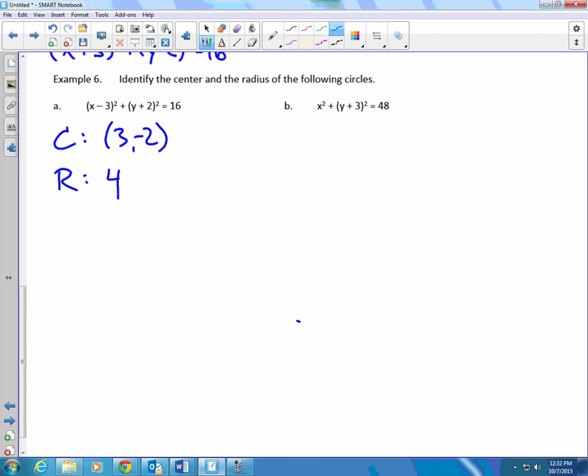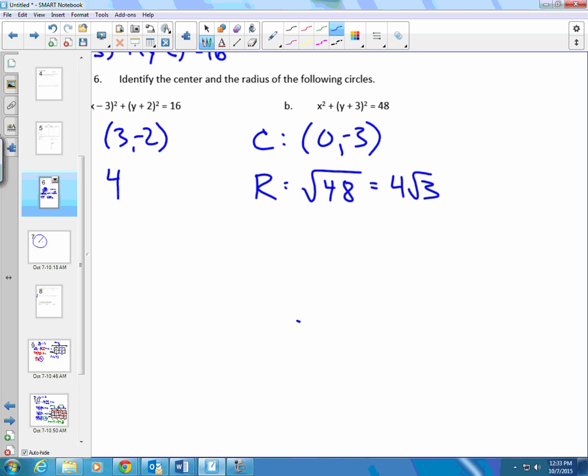Any confusion why the positives and negatives behave the way that they do? Okay, how about B? What's the center for B? And the radius? Yeah, root of 48, which you reduce to 4 root 3. You have the square root of 16 times the square root of 3, which is the square root of 48. Good. Okay, flip it over.